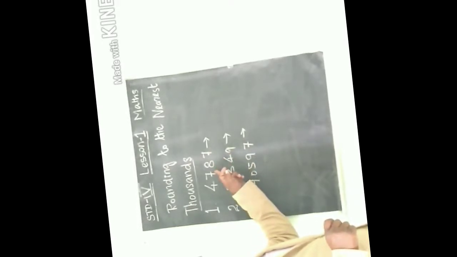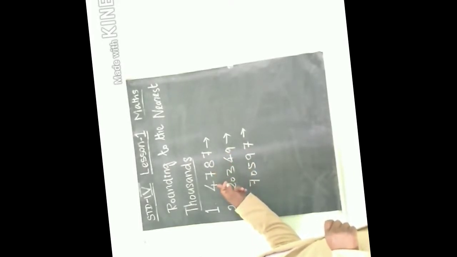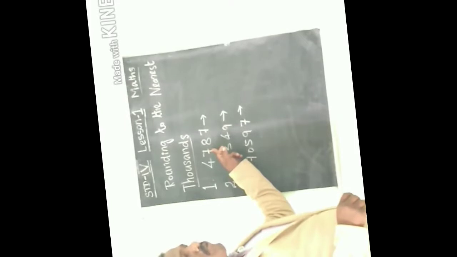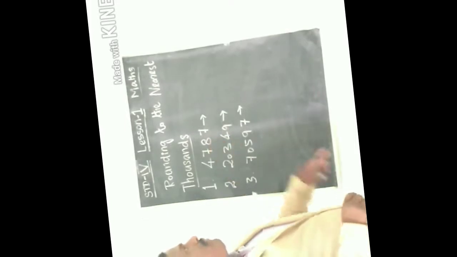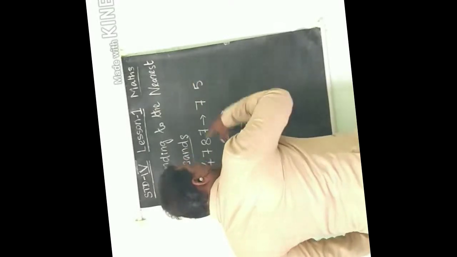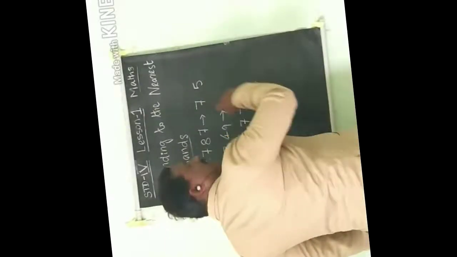So now let's see how to round off to the nearest thousand place. First of all, we find the place value of the number: ones, tens, hundreds, thousands. This is the thousand place, and the question is nearest thousand. So 7. Now I take this 7 and compare it with 5. Is it greater than 5 or less than 5?